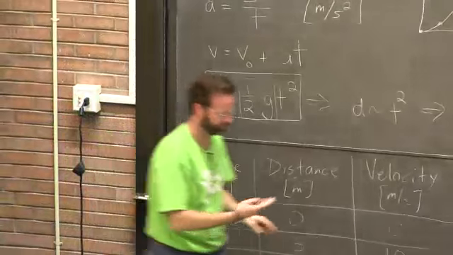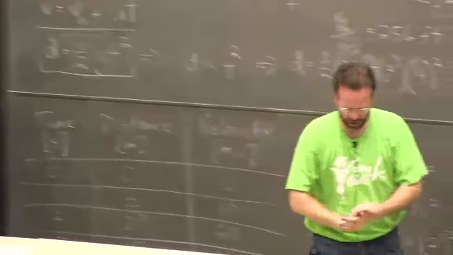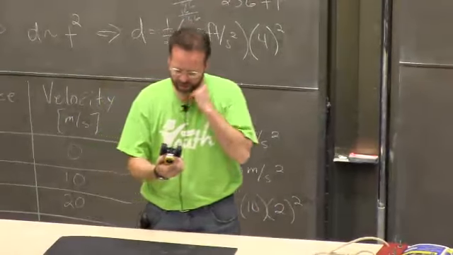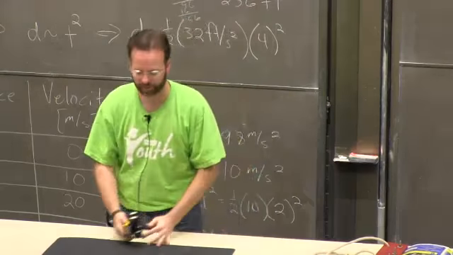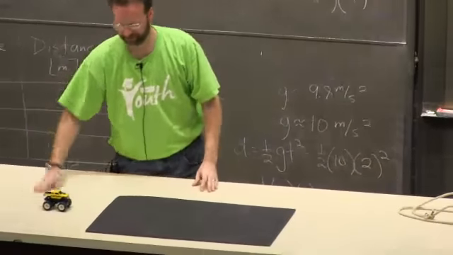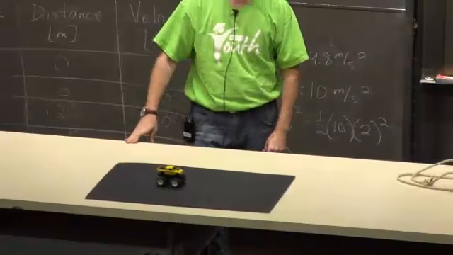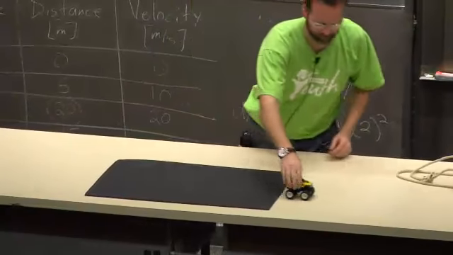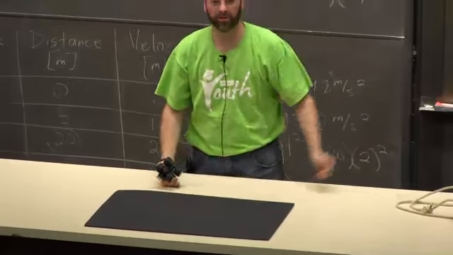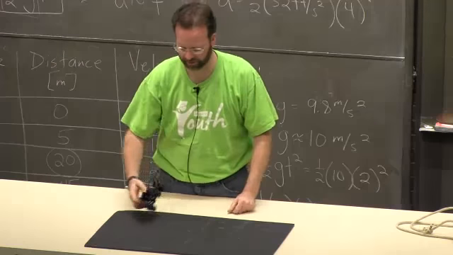I wanted to show you this one too. Relative velocity. We talked about relative motion at the beginning of this chapter. If this car is going at a fixed speed, let's say for argument, 2 meters per second is its velocity.